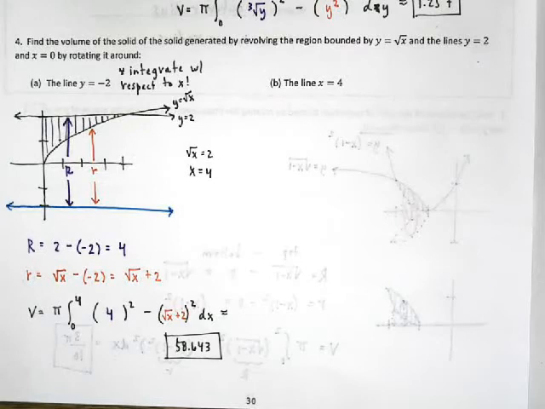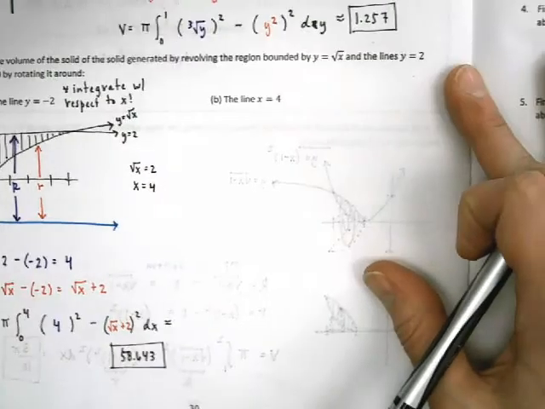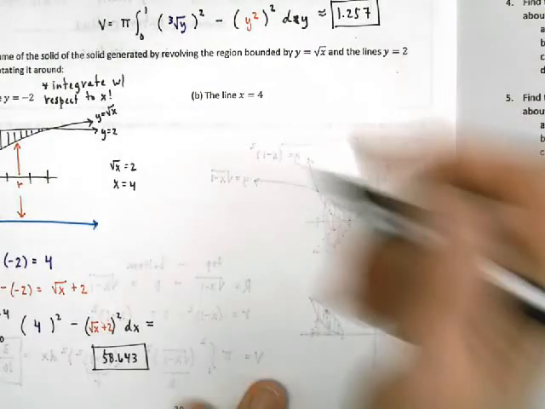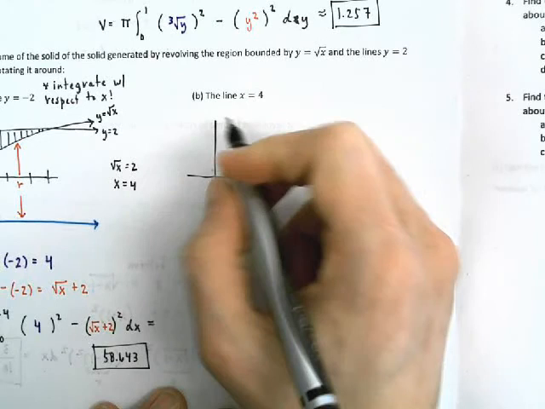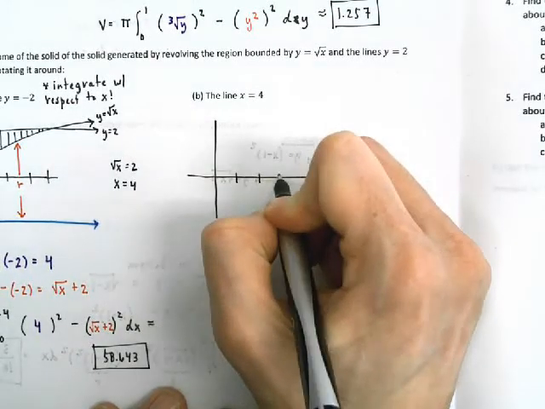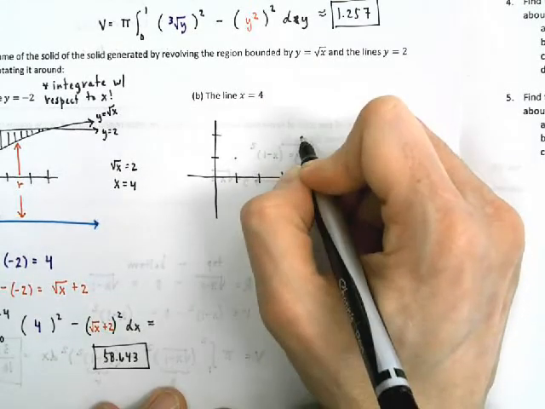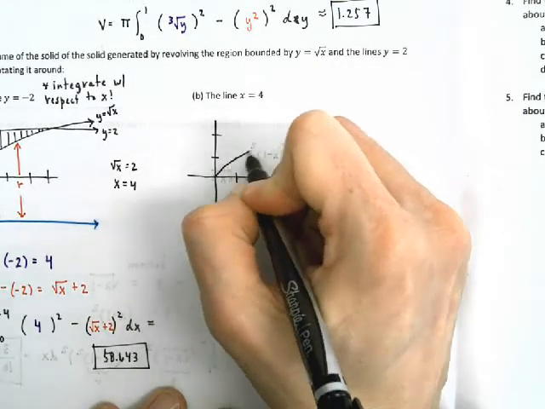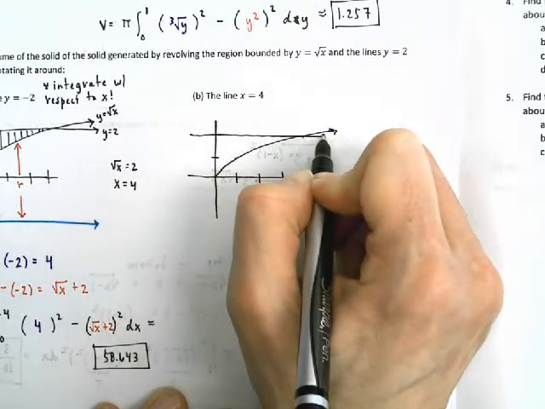Okay, so for the last problem here, now we're going to do the same region, but we're going to revolve it about a different line. So I'm going to draw my picture once more so I can see this. And here's my line y equals 2.